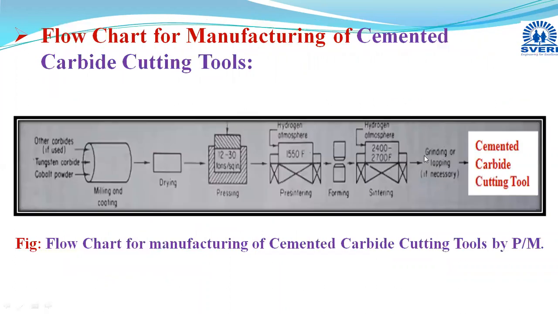Here it is grinding, lapping or machining, and after that the component is manufactured, tested and inspected for different properties. Its shape, size and defects are checked, and if it is found okay, then it is suggested for practical use. So in this way, these cemented carbide cutting tools are manufactured.